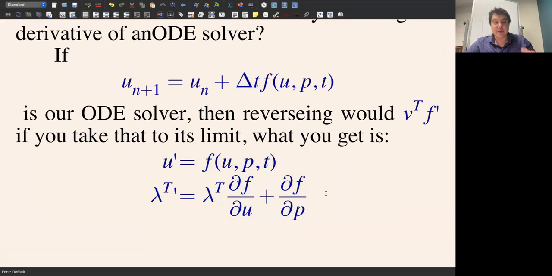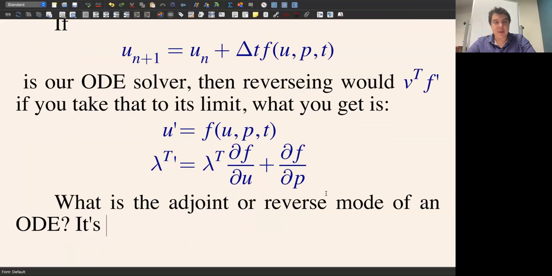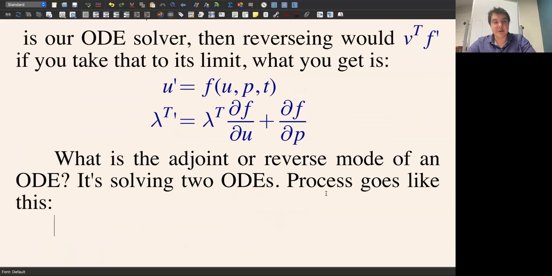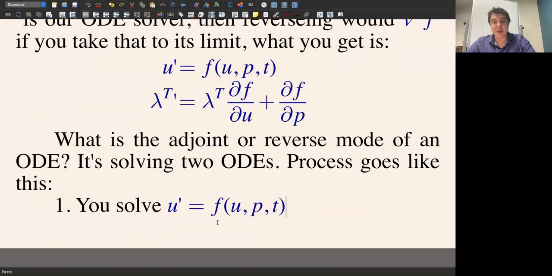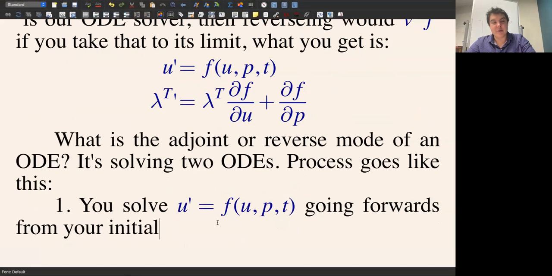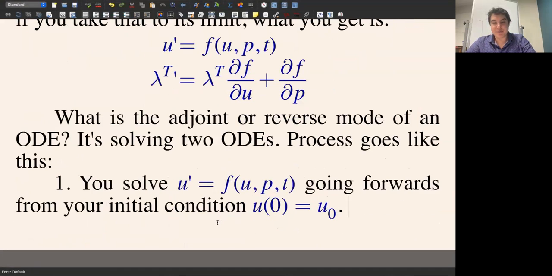So what is the adjoint or reverse mode of an ODE? It's solving two ODEs, and the process goes like this. Step one, you solve u prime equals f of u, p, t going forwards from your initial condition u of 0 equals u0.